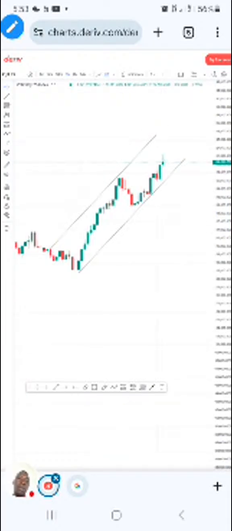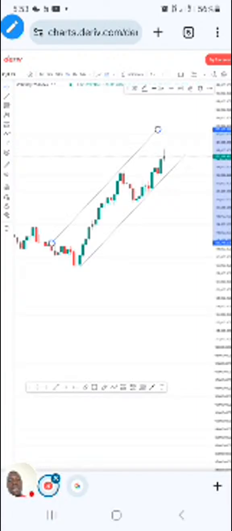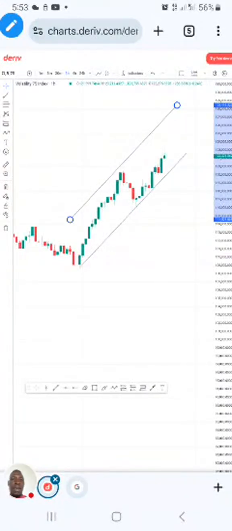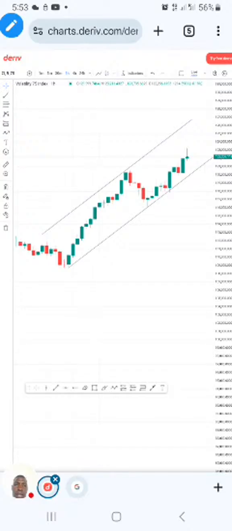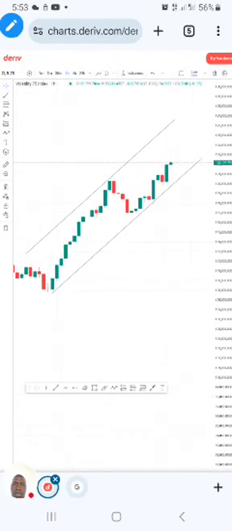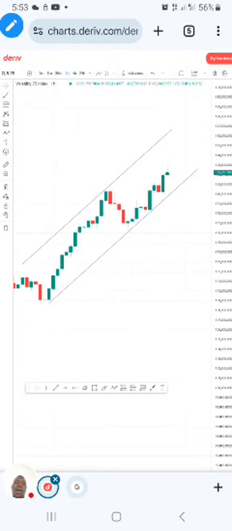Are you getting the point? It is supposed to touch here so that we can see our trend clearly. So now this is our trend, which means we have to look for buys only. We look for buy opportunities only.